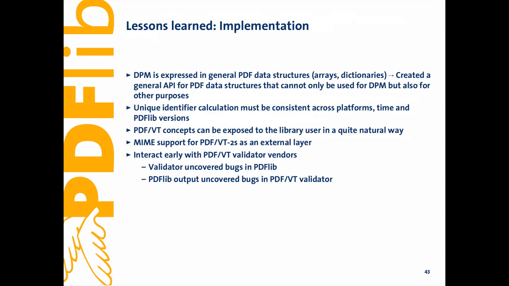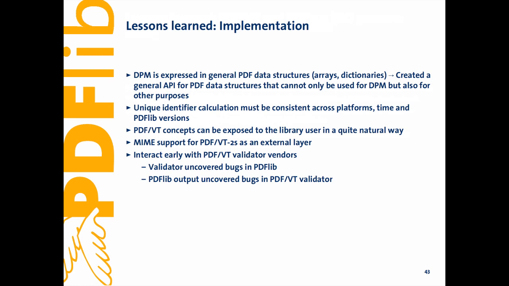And finally, about the implementation, well, I said that we had to create a new API for the low-level DPM PDF data structures, and fortunately we can also use that for other purposes in PDFlib.